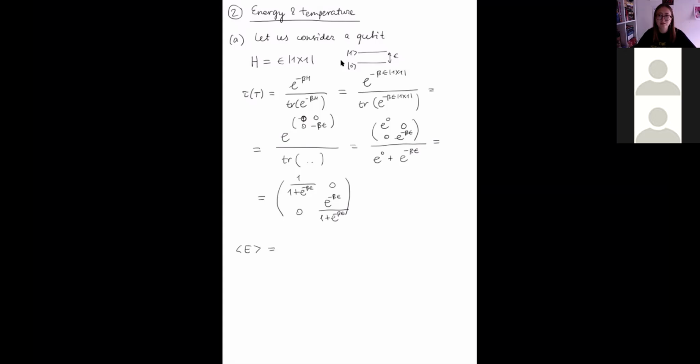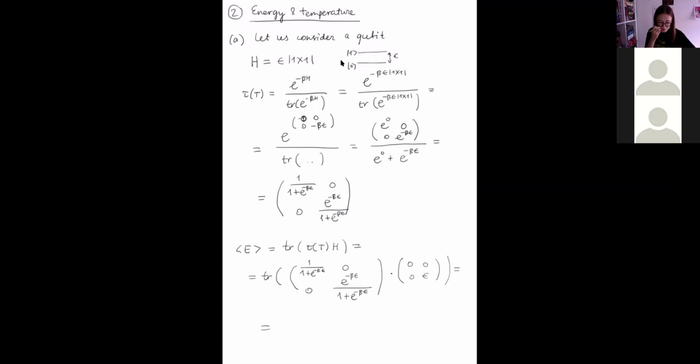Then let us calculate the average energy for this thermal state. So the average energy is just the trace of tau of T times H. This is an easy exercise: the trace of this matrix multiplied by H, which is just this matrix.